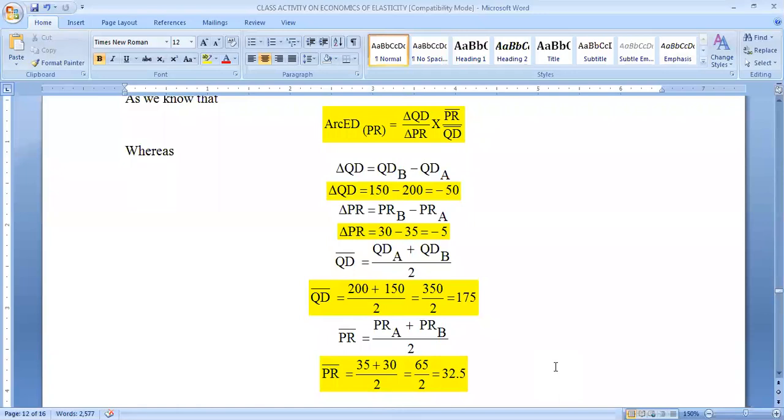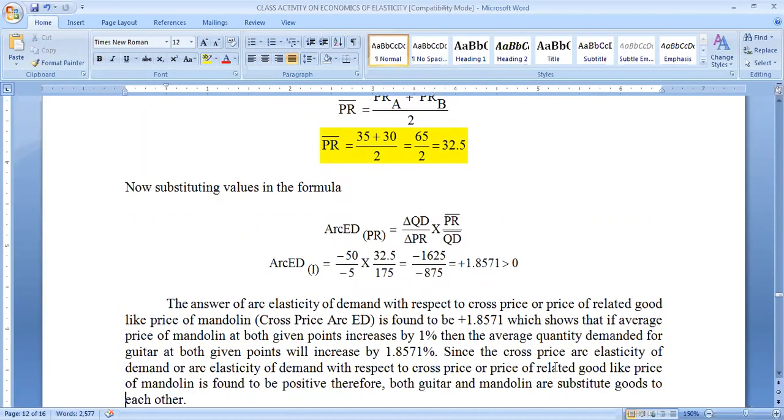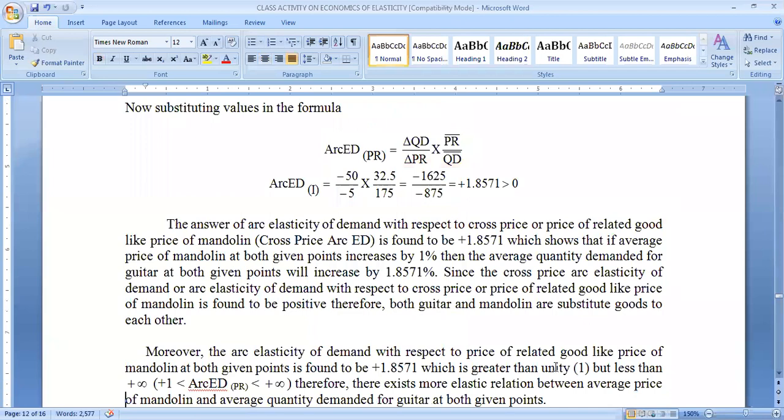So up to here we have found all four components of the formula. Now let's substitute all the component values into the formula of arc elasticity of demand with respect to cross price. In place of delta QD we have substituted its value, minus 50, and in place of delta PR we have substituted its value, minus 5.